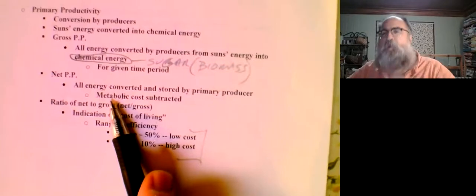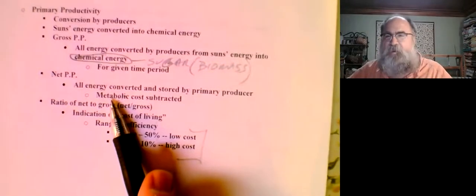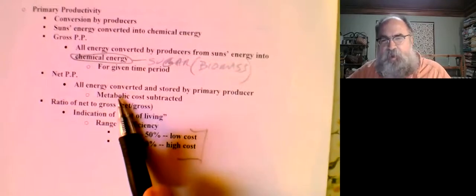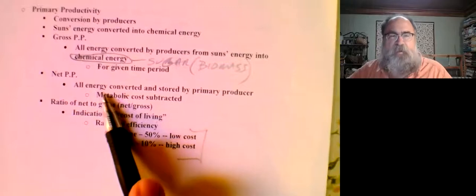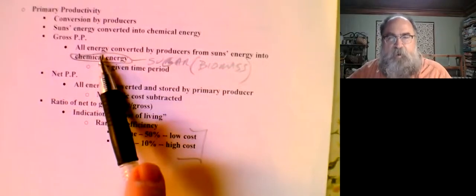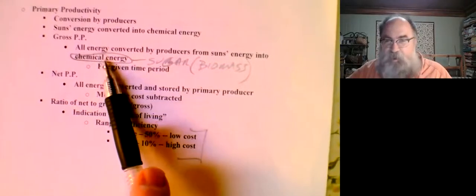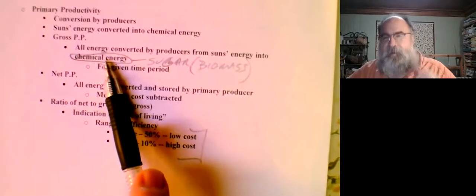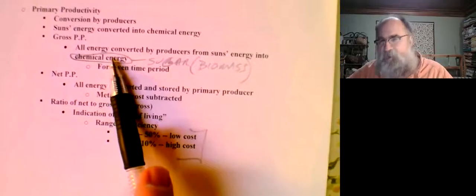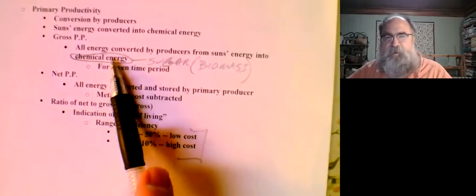They have to pull the water up from the roots. They have to open the stoma to let the CO2 in. And so there's all kinds of energy being used, and that's going to be from the gross. I mean, you've made the sugar, but now you got to use some of that sugar to keep the photosynthesis going, to keep the metabolic processes going.